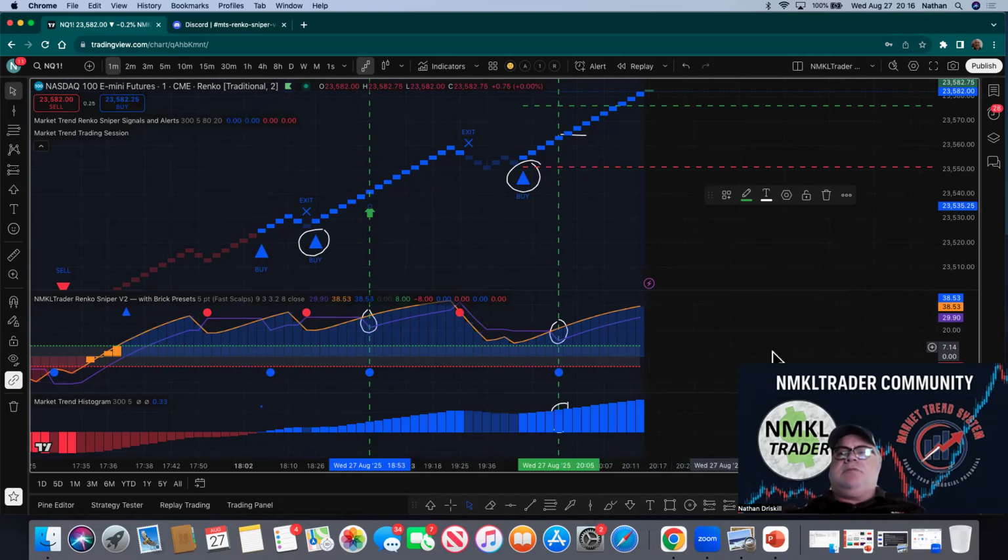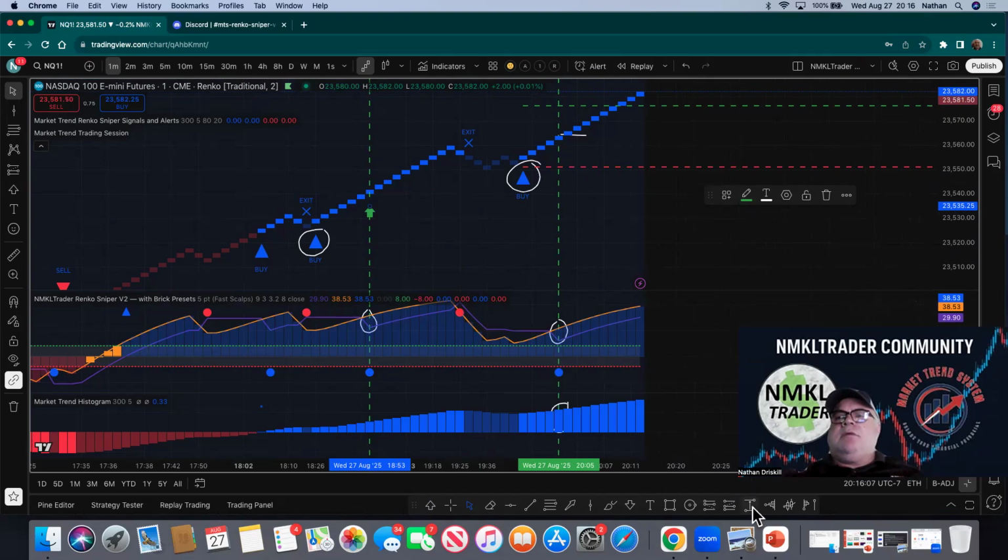Let me grab this tool over here. Once you trade there, you're going to ride this from here up to the bottom of that exit right there. Now, this is a 12-point run. 12 points times $20 per point in the NQ E-mini is roughly about $240.